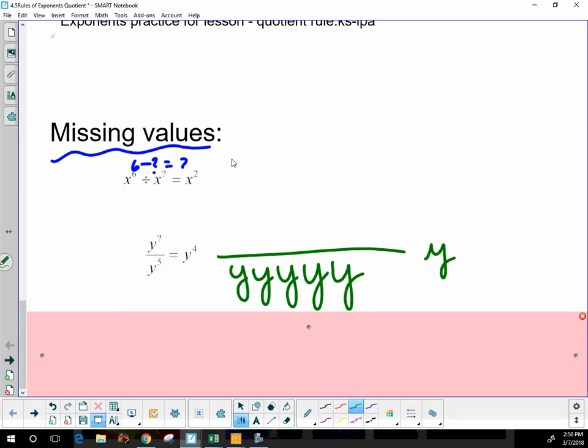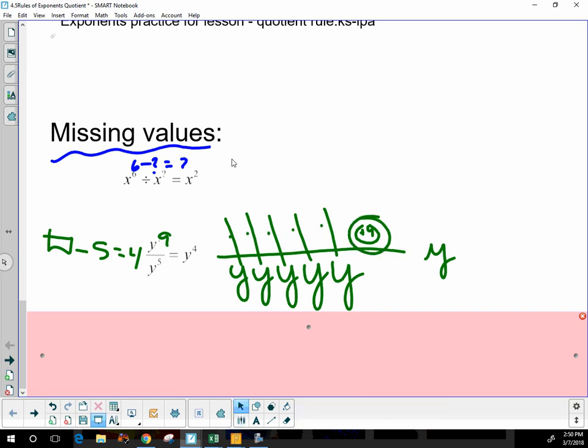So not only do you have to have these 1, 2, 3, 4, 5, but you have 4 more. Okay? Again, you can also say what minus 5 equals 4, and that's way easier. This is first grade work right here. And your missing exponent here is clearly a 9. You have these 1, 2, 3, 4, 5 plus 4 more. And I'm not adding 4, I'm putting 4 more y's down.